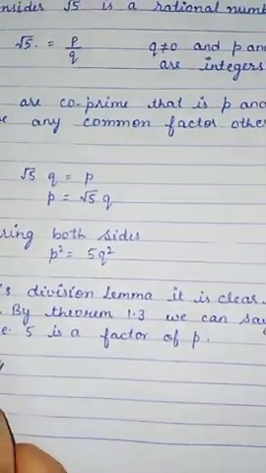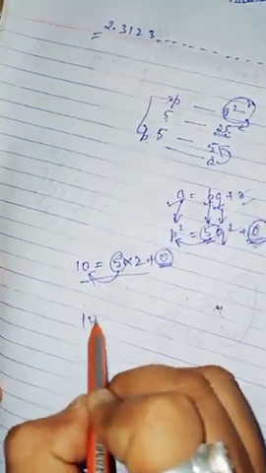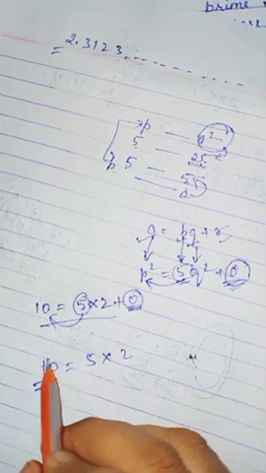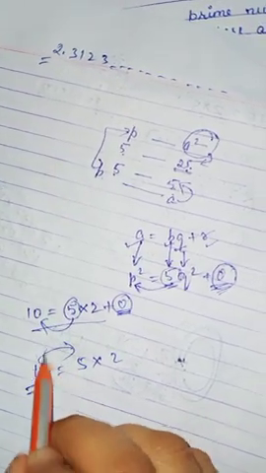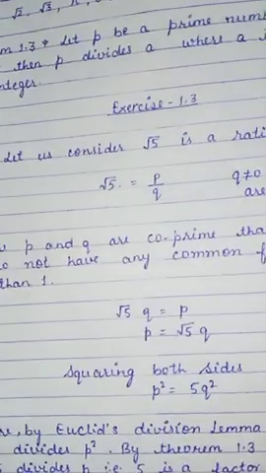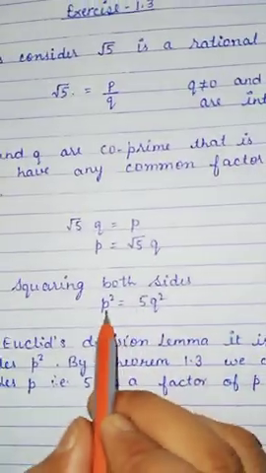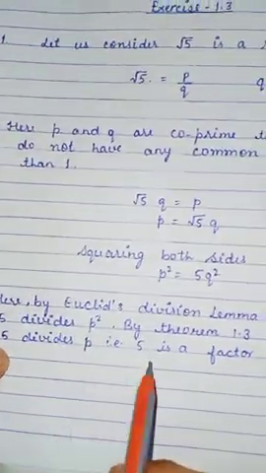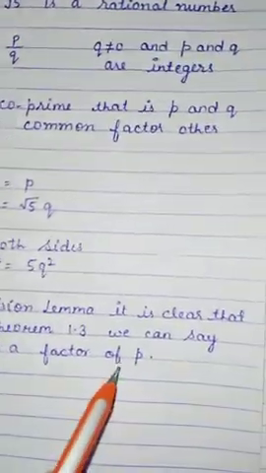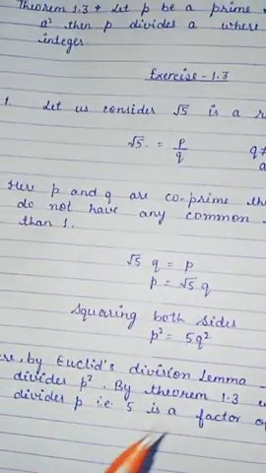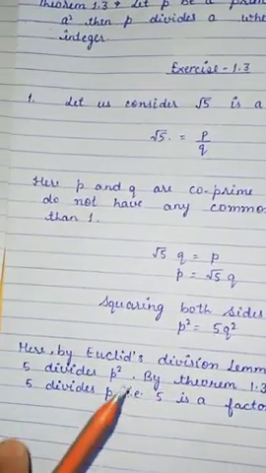Simple it is, as we have seen in this example: 5 divides 10, so what are the factors of 10? 5 into 2, that means 5 is a factor of 10 obviously. Similarly here if 5 divides p square, then 5 divides p, and if 5 divides p, that means 5 is a factor of p. A number can only divide another number when it is among its factors.